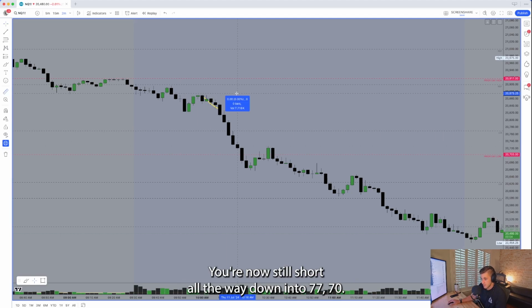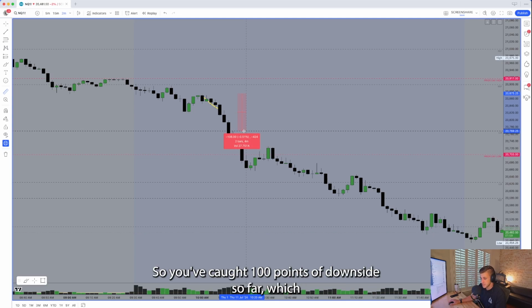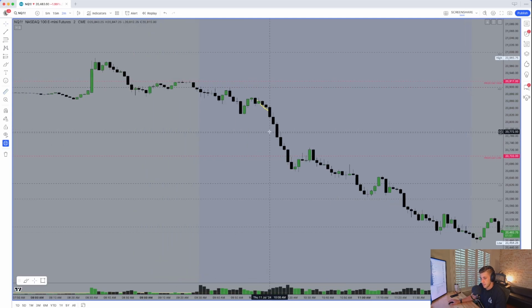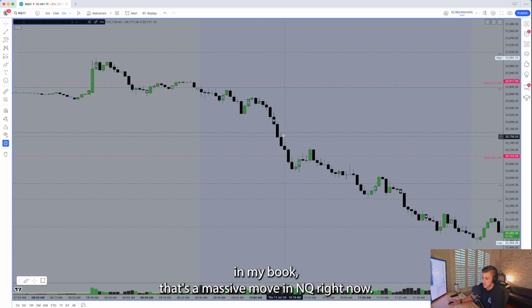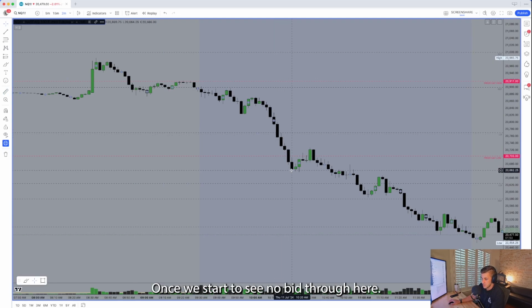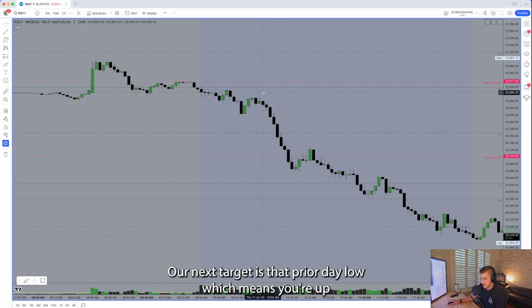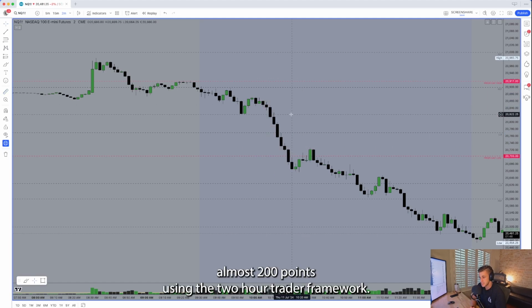You're now still short all the way down into 770, so you've caught 100 points of downside so far, which in my book, that's a massive move in NQ, right? Now, once we start to see no bid through here, our next target is that prior day low, which means you're up almost 200 points using the 2-hour trader framework.